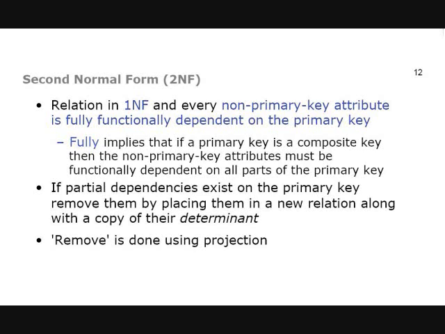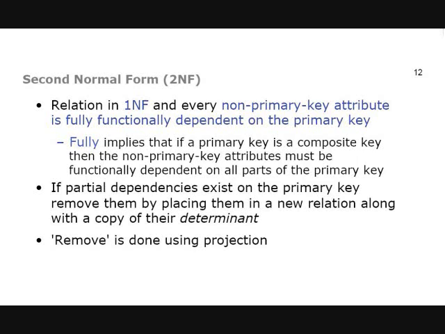All of the attributes that are not part of the primary key should be fully functionally dependent on the primary key. So that is what we're looking for to decide whether a table is in second normal form or not. So to do that, we need to identify the functional dependencies and make sure that every attribute that is a non-key attribute is fully functionally dependent on the key.